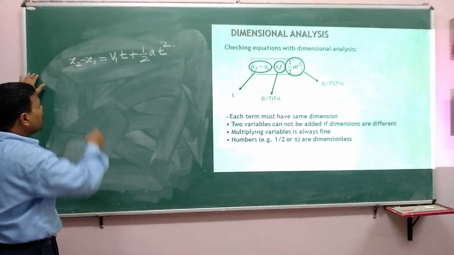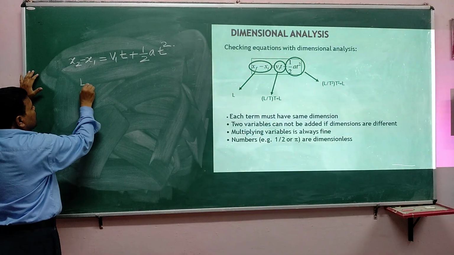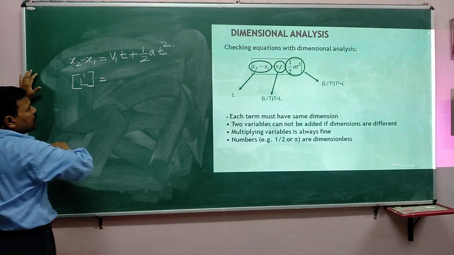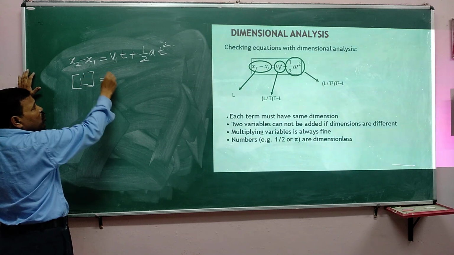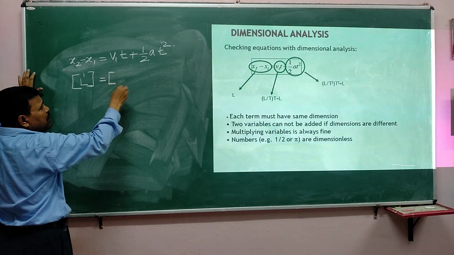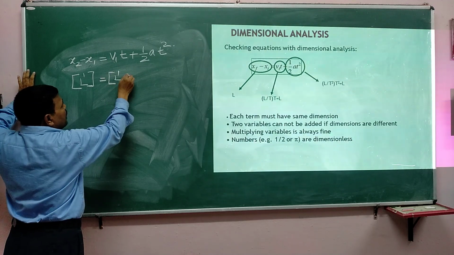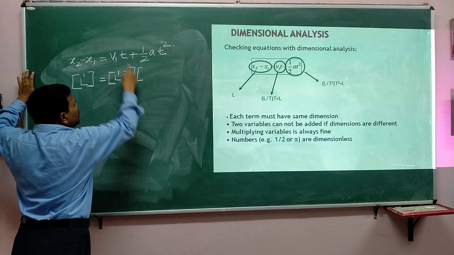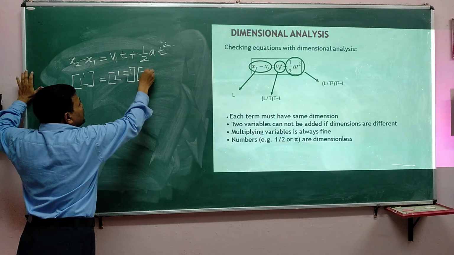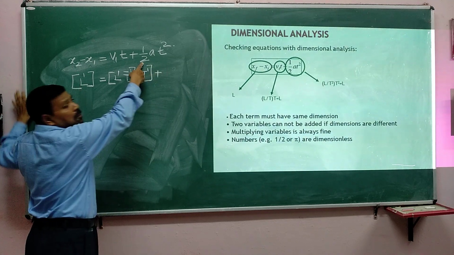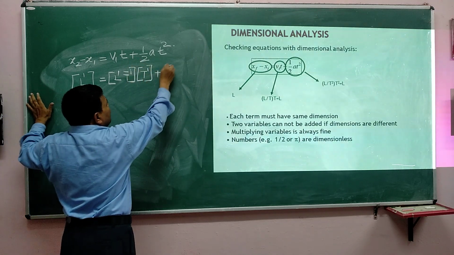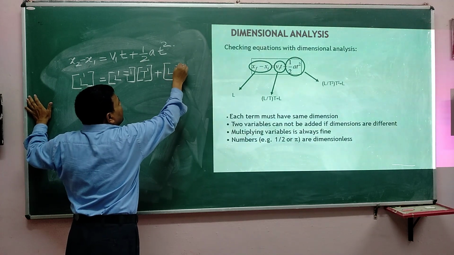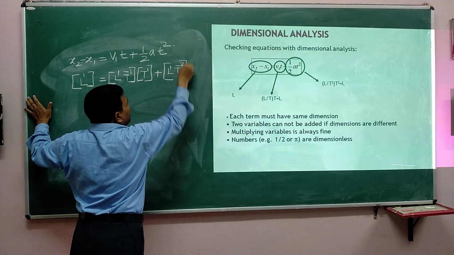The dimensional formula of displacement is L raised to 1. The dimensional formula of velocity, that is meter per second, is L raised to 1 T raised to minus 1. The dimensional formula of time is T raised to 1. The number has no dimensions. The dimensional formula of acceleration is L raised to 1, T raised to minus 2.